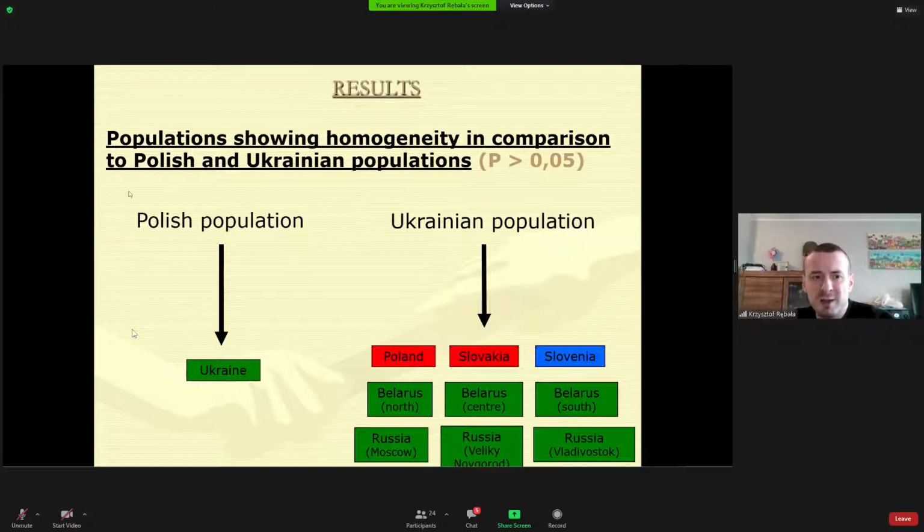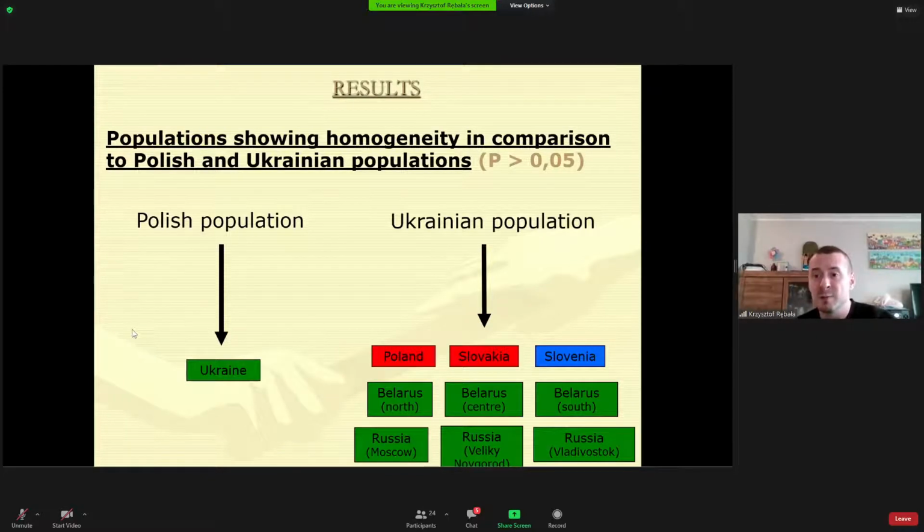For the Polish population, only one, but for the Ukrainian population there were Western Slavic populations of Poland and Slovakia, a Southern Slavic population of Slovenia, and many Eastern Slavic populations.